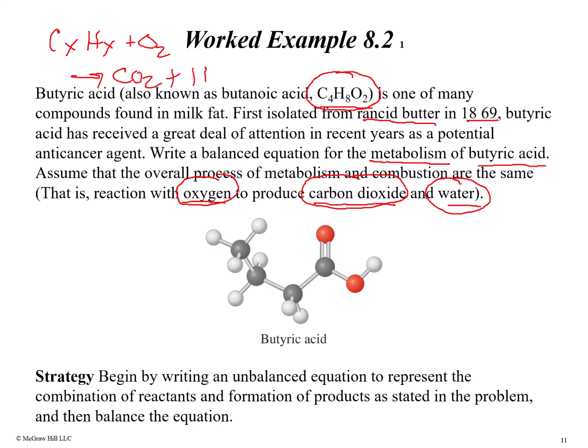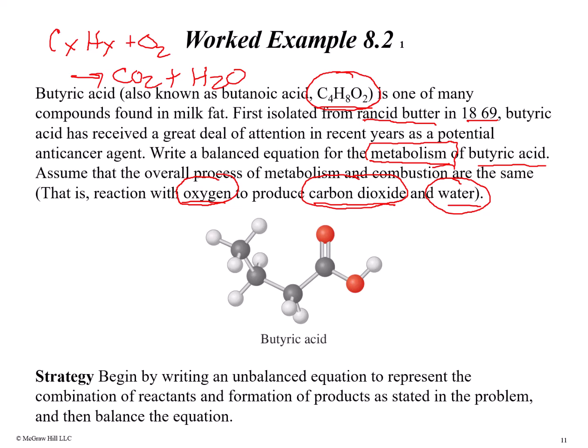All right, a carbon hydrogen based compound reacting with oxygen, that's called combustion generally, but we can also describe it as a metabolism. So combustion or metabolism. Combustion specifically means oxygen. Metabolism is generally oxygen.